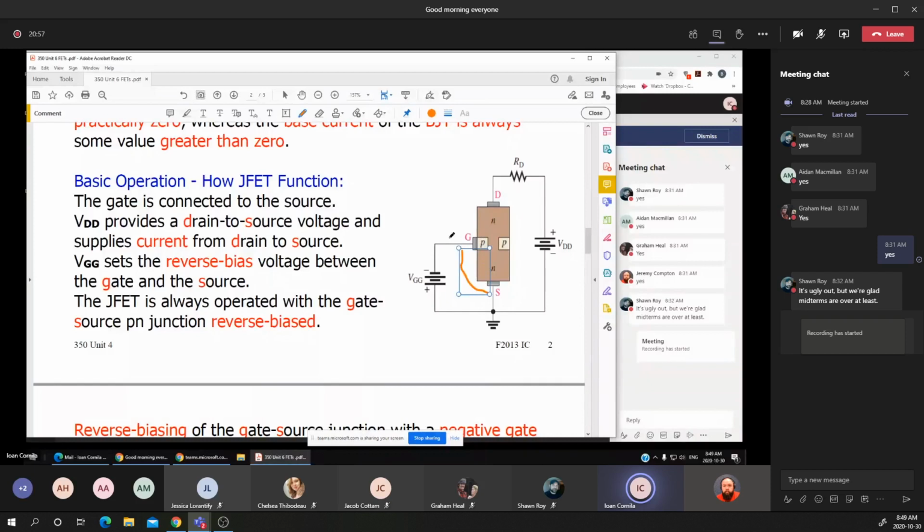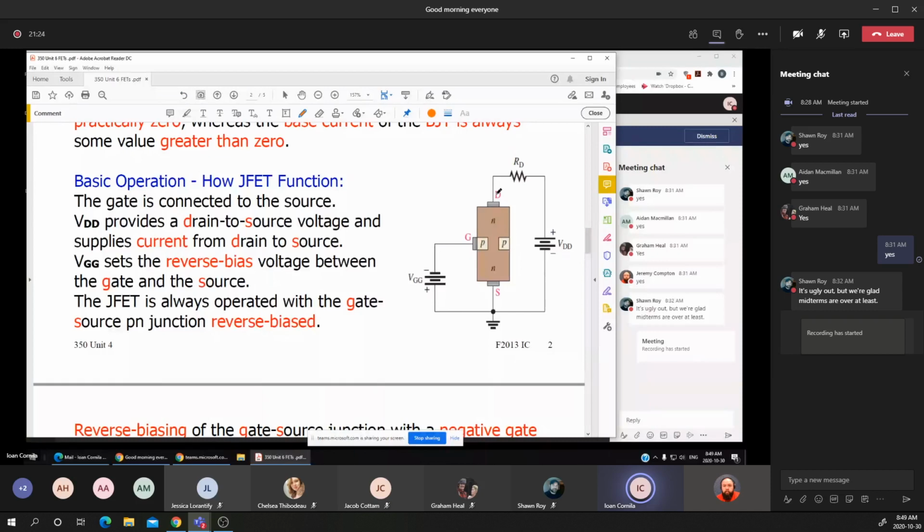In reverse bias, the P semiconductor is supplied by a negative voltage and the N semiconductor is supplied by a positive voltage. In terms of the notation, you notice that I have VDD as the voltage applied on the drain.